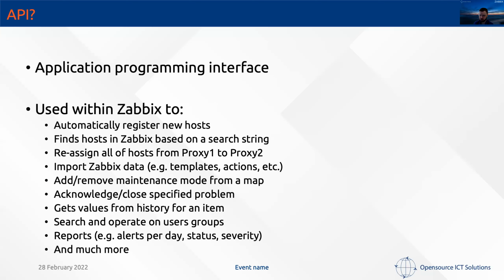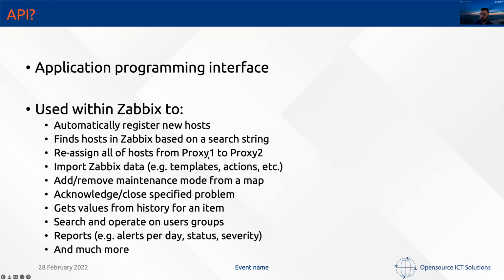So what can we do with that Zabbix API? Well, for example, we can make sure that we automatically register new hosts, not only, of course, using the built-in functionalities like network discovery and host auto-registration, but we can also use the API. We can find hosts in Zabbix based on any search strings. We can reassign hosts from one proxy to another proxy.